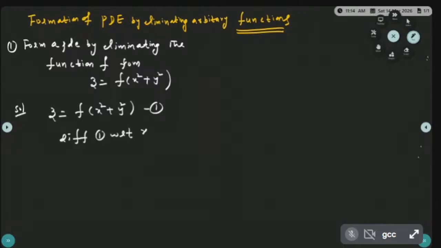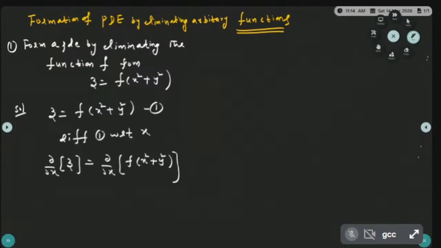What is the first step? Differentiate with respect to x. Now note, dou by dou x of z equal to dou by dou x of f of x square plus y square. Differentiation with respect to x. I will explain very slowly. Please listen.